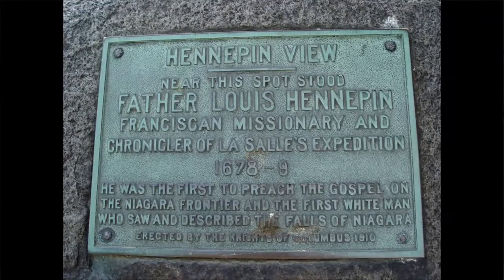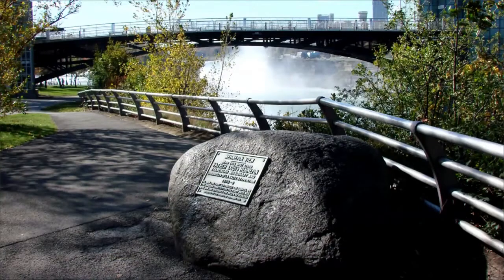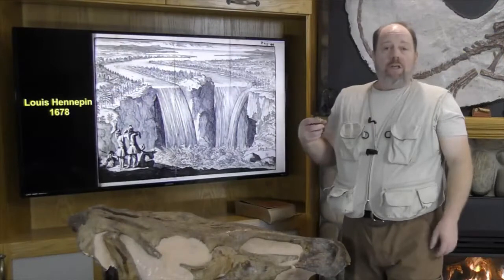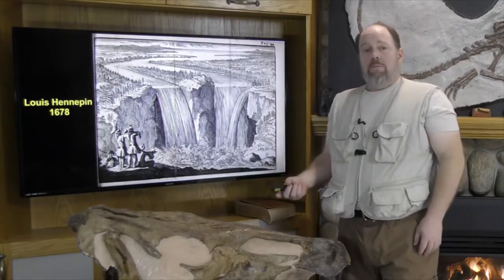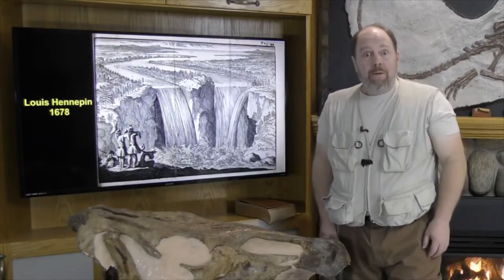So why did the Knights of Columbus and myself come to the exact same conclusion? I mean, look at it. Currently, you can't even see the falls from this location. In fact, most historians have written off Hennepin's drawing as exaggerated and drawn years after the fact from memory. Hogwash!